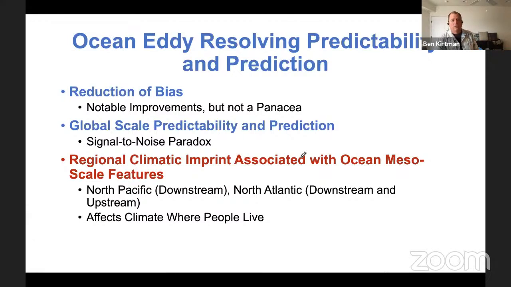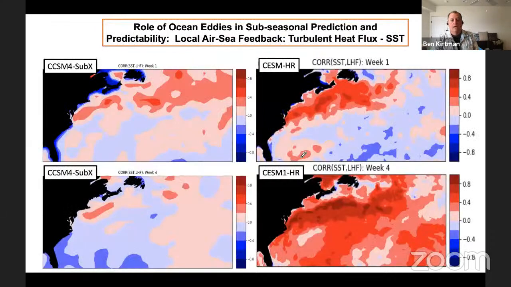Okay, so the regional climatic imprint associated with these ocean mesoscale features, and again, Chris really touched on some of this, so it's a little bit of a review. This is looking in the Gulf Stream. One of the points Chris made is that enhanced air-sea interaction happens right away.